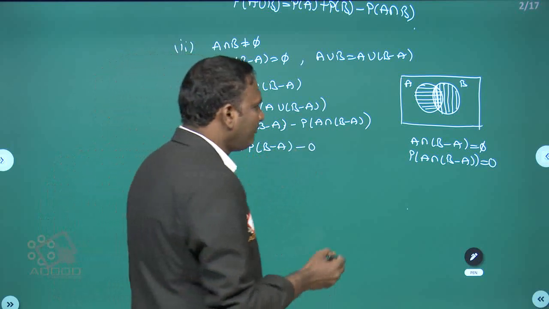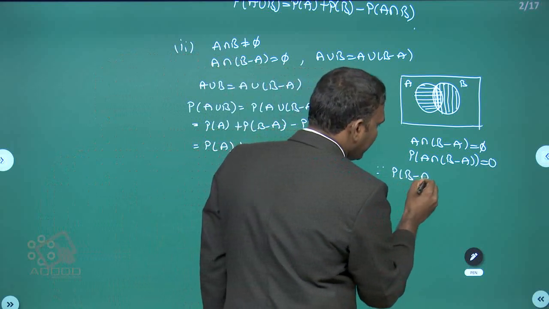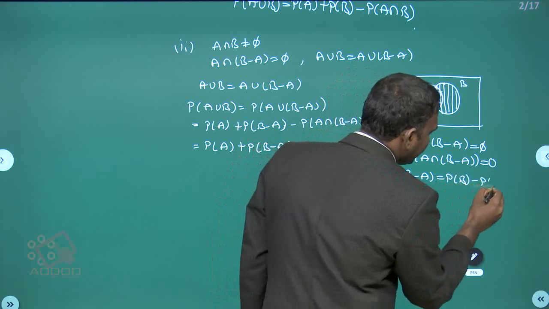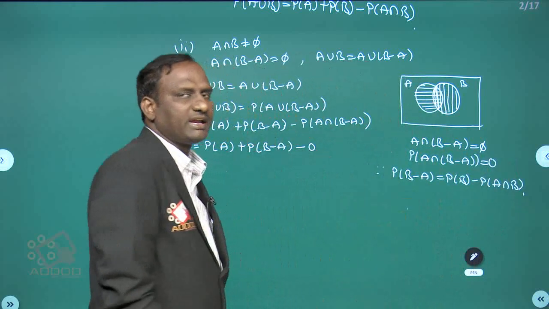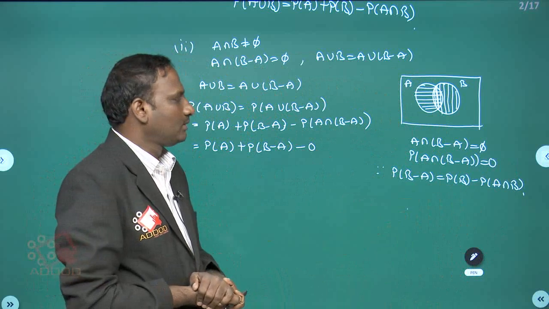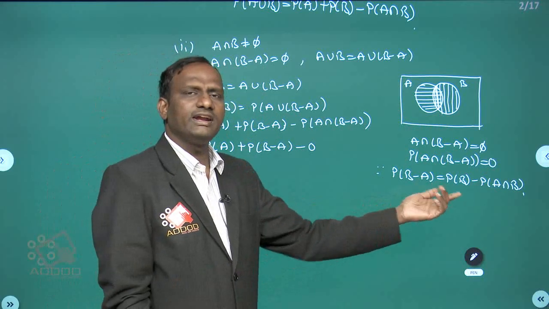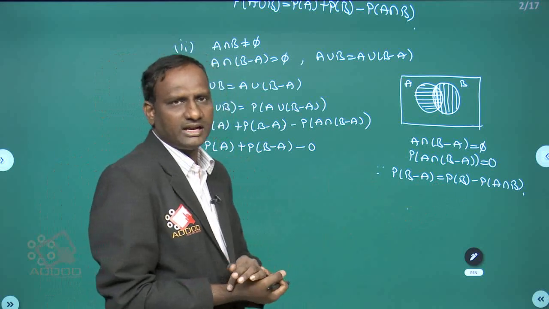By a well-known property, P of B minus A can be written as P of B minus P of A intersection B. That one we also have as a theorem in our textbook. So P of B minus A is P of B minus P of A intersection B. Here we can apply that directly.